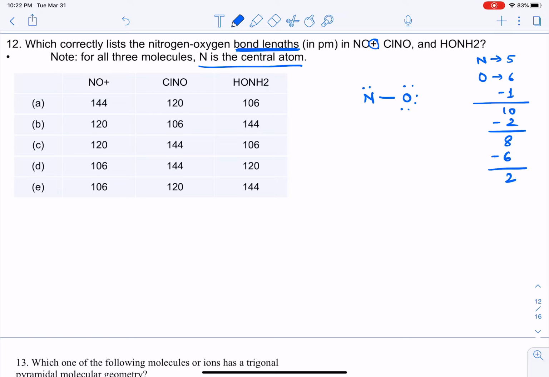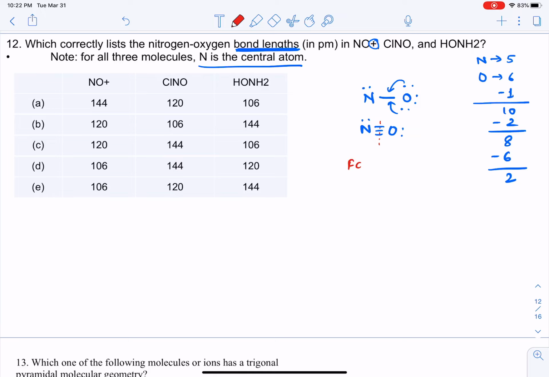Now you see that N is not fulfilling its octet, so you have something as N triple bond O. So here you see that both of them are forming an octet, but you see that oxygen right now has a formal charge of what?